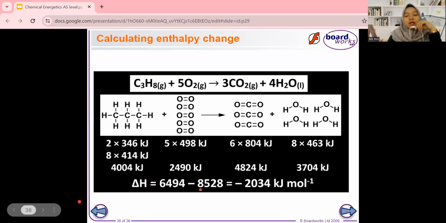So this is the delta H when we use the bond enthalpy theory.